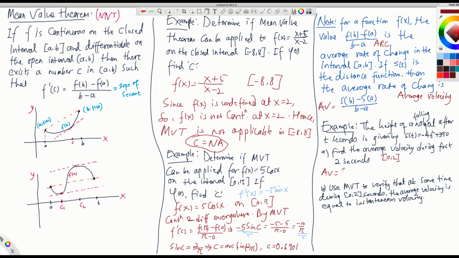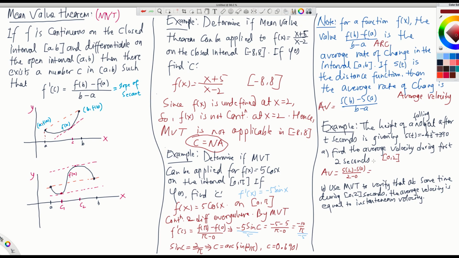So I do (s(2) minus s(0)) over (2 minus 0). What will be s(2)? You just replace t by 2. You get negative 4 times 4, because 2 squared is 4, and then plus 390.